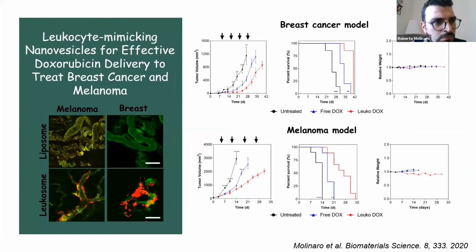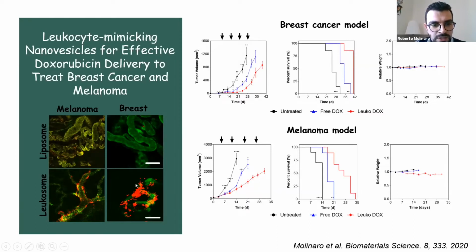So we moved to test our leukosomes on other models that share an inflammatory background, and among these, cancer has often been referred to as a wound that never heals. In particular, we tested doxorubicin-loaded leukosomes in 2 models of breast cancer and a melanoma model.